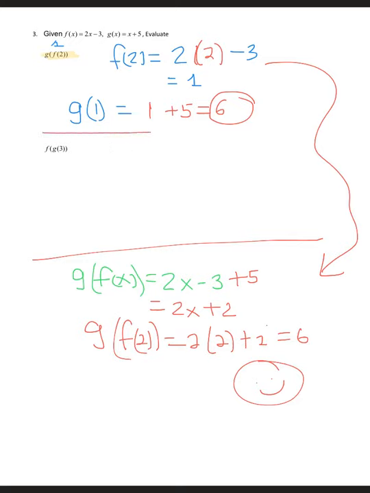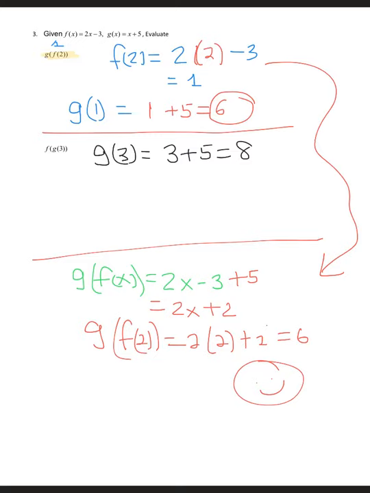Now, let's go back here, and we're going to do the second one here. So I'll start with the inside. So I do g of 3, and for g of 3, I take the g function, where there is x, I plug in 3. So it's 3 plus 5, which is 8.